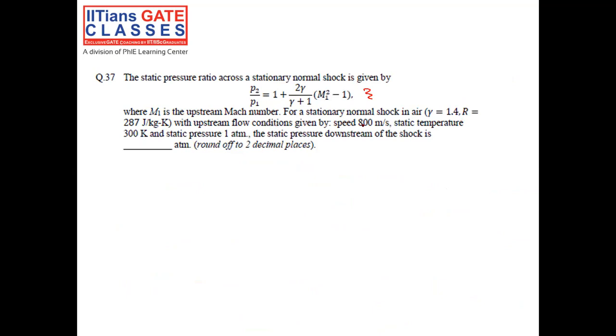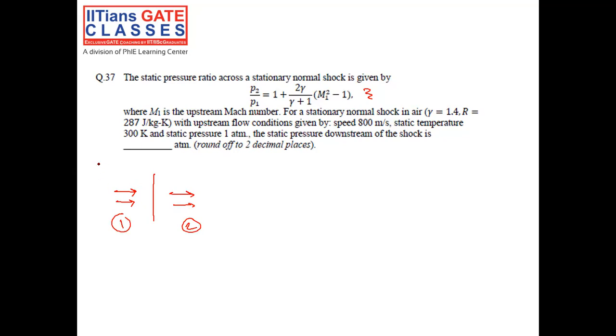With upstream flow condition given by speed this, static temperature this, static pressure this, the static pressure downstream of the shock is... So for a stationary normal shock, the ratio of the pressure across the shock is given by this equation, and the upstream conditions of the flow have been given, and you have to find out the static pressure at the downstream of the shock. So this is the normal shock, and this is 1 and this is 2. 2 is the downstream condition, 1 is the upstream condition.